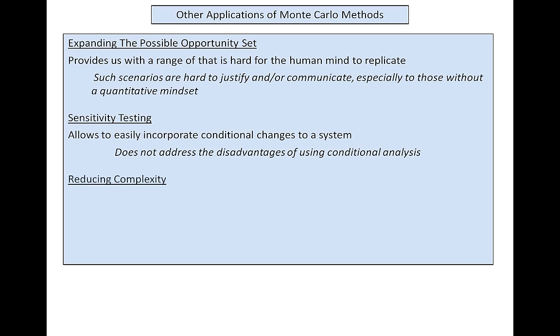Another nice application of Monte Carlo models is really reducing complexity, that is, allowing us to comprehensively measure and monitor a system in a way that we really just couldn't do in real life. If I wanted to track in real time every single individual within the city of Toronto insofar as their location, it would be incredibly data-intensive and very, very expensive to do.